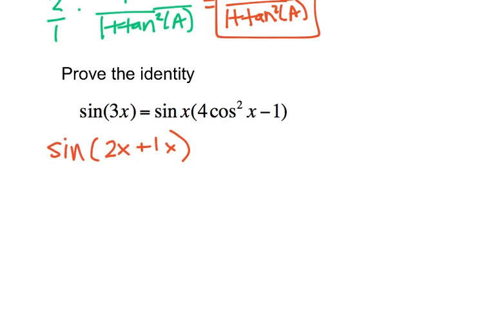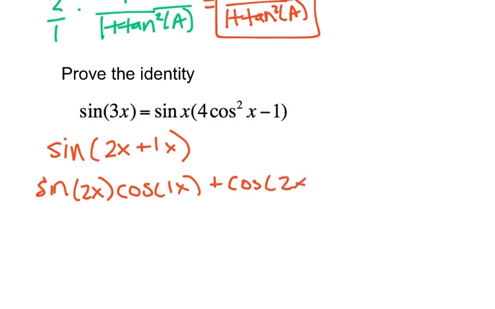So we're going to do sine of 2x, cosine of 1x, plus cosine of 2x, sine of x. So we've rewritten this with our angle addition within an angle of sine. And now we're going to fill in our sine.